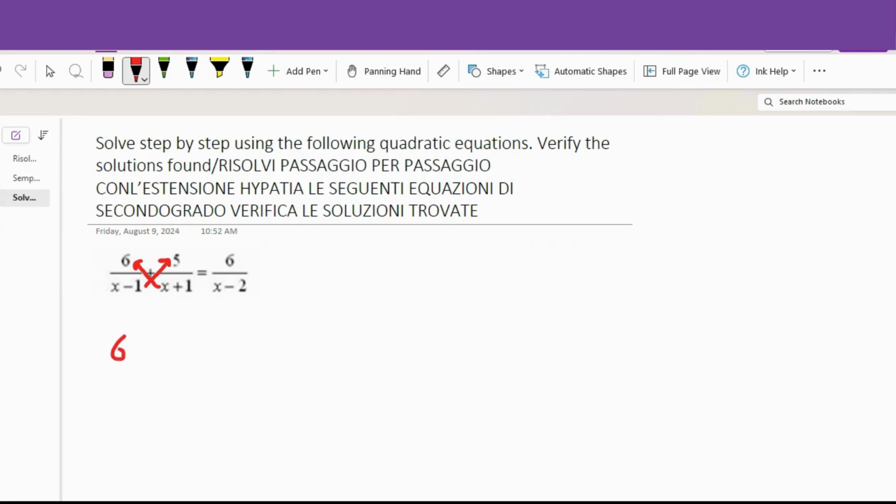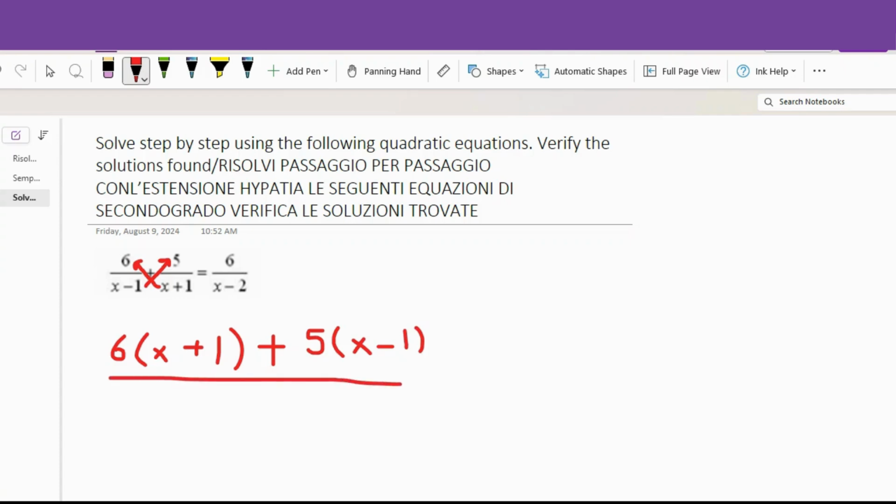We would cross multiply, so it would become 6 into x plus 1 plus 5 into x minus 1, and in the bottom we have x minus 1 and x plus 1.